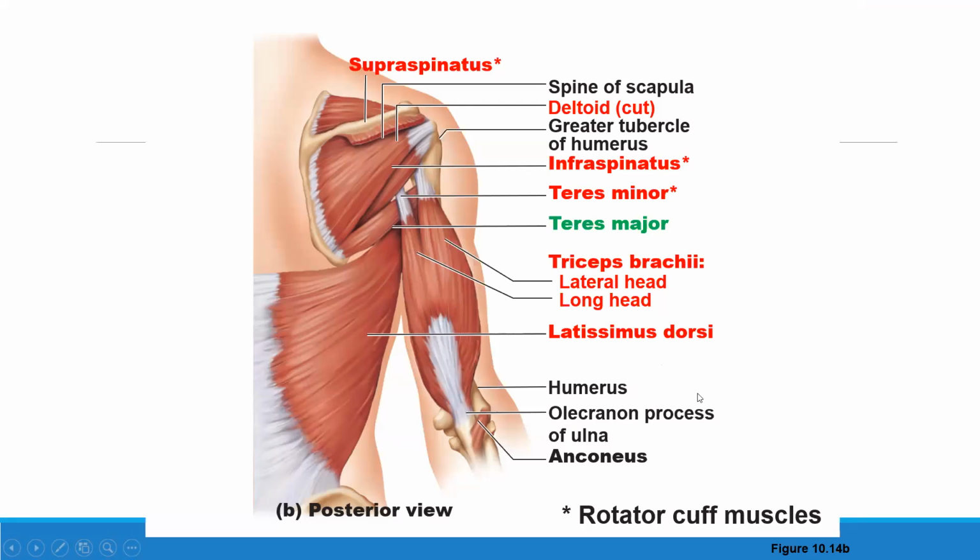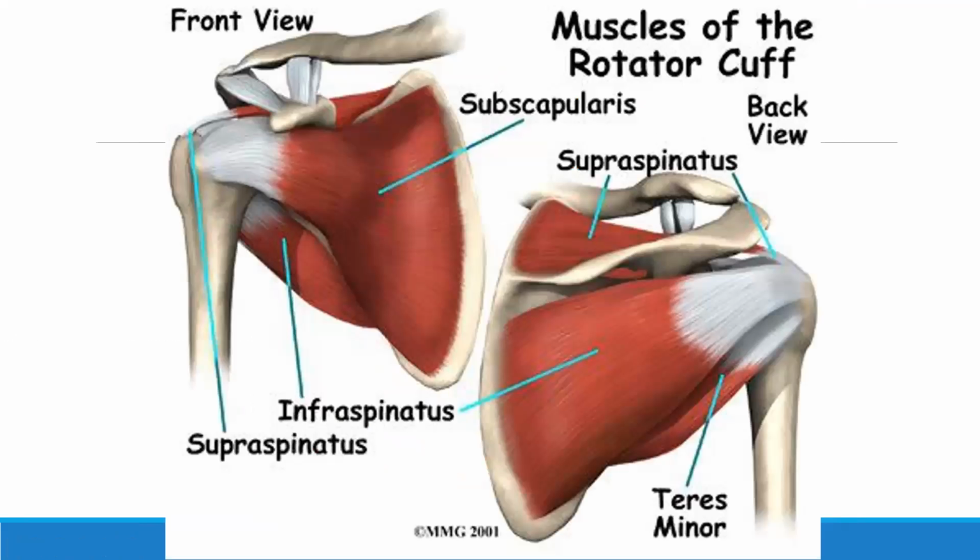Just because it's minor and there's a teres major doesn't mean they're connected. And here is our subscapularis in the subscapular fossa of the scapula. It also inserts here on the head of the humerus. So we have the subscapularis, the supraspinatus, the infraspinatus, and the teres minor.